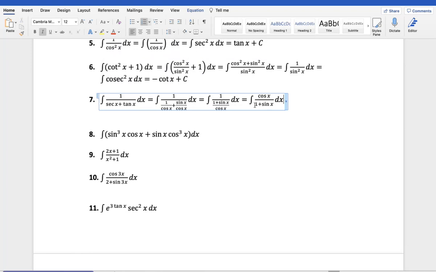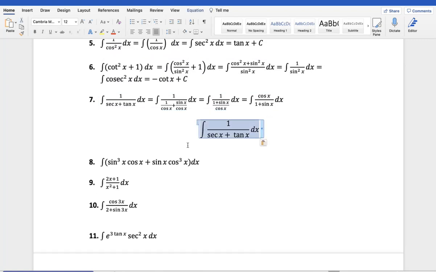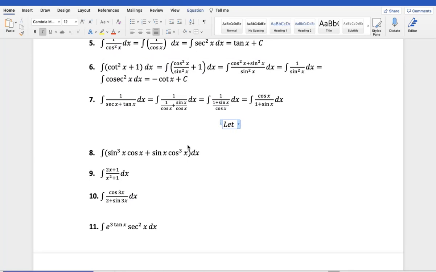And for this specific integral, we can use our loyal, trusted way of solving it, which is u substitution. So let u be equal to sine of x. Then immediately we know that our du will be equal to cos of x dx.